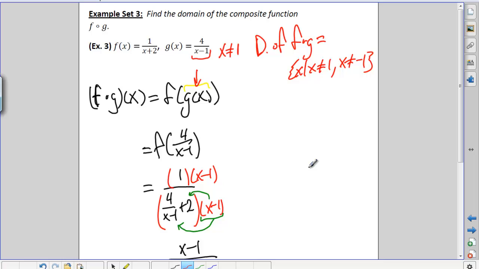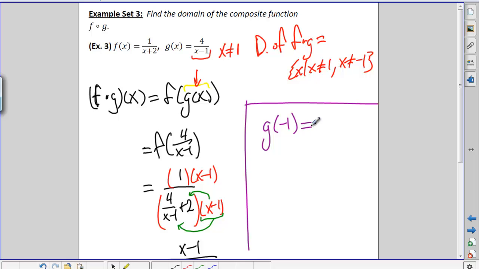Now the question we're left with there is, where did that negative 1 come from? You know, here at the end we just get this negative 1 that just appears that doesn't work in the composite function. But there's a reason negative 1 doesn't work. Okay? And that reason is, if you do g of negative 1, that's 4 over negative 1 minus 1, which is 4 over negative 2, which is negative 2.